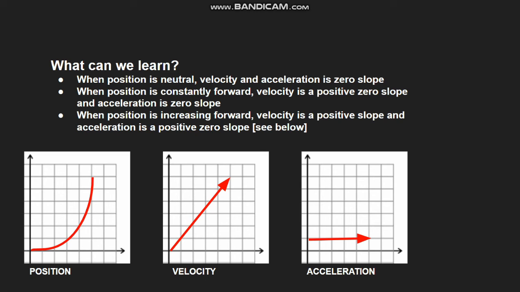Also, you can sort of think of it like this. When there's a curved position graph, there is going to be a line graph for velocity, and there is going to be a certain 0 slope on the acceleration graph. When there is a line position graph, there's going to be a 0 slope on the velocity graph and also a 0 slope on the acceleration graph.